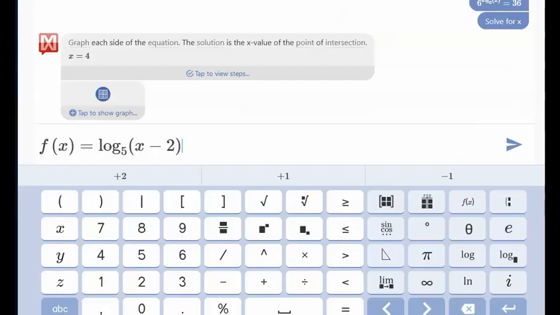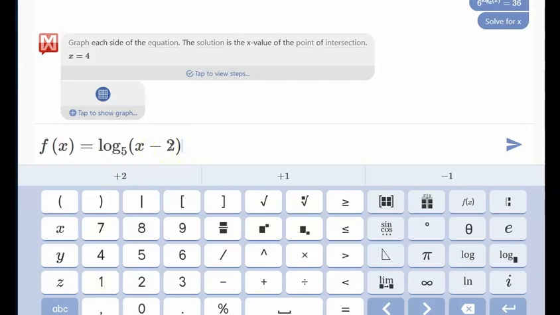And since I have Mathway open, why don't we do just a few more? Because I think it's kind of cool. So again, brainstorming. Here we have a function, log base 5. Now, what are we going to do here? Well, again, we can get some points, but it's going to be transformed by -2.